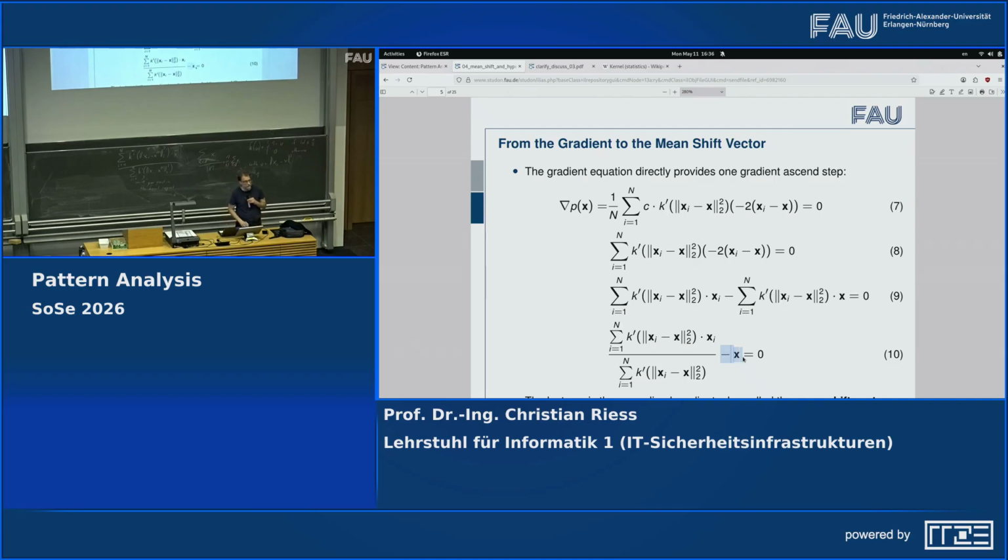Does that make sense? The question is that the multiplication factor and the mean factor with xi are the same. So can we cancel out?